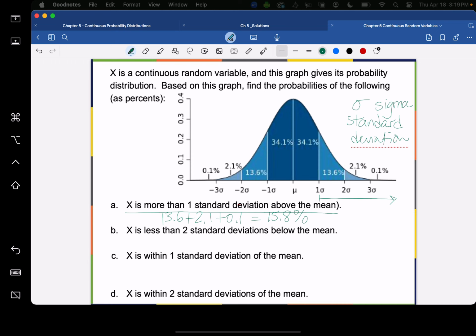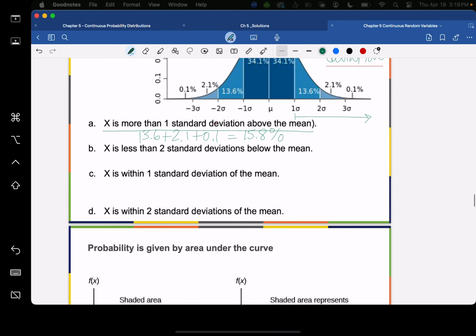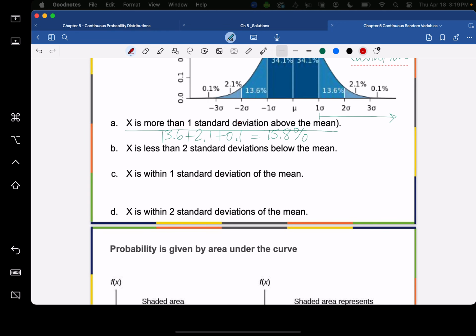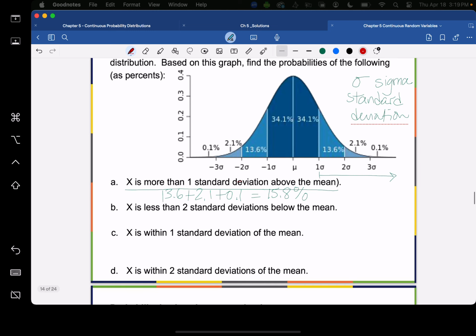What about the probability that x is less than 2 standard deviations below the mean? So what is less than 2 standard deviations below the mean would be this region, or this shaded area. So that's going to be 2.1 plus 0.1 is 2.2%.